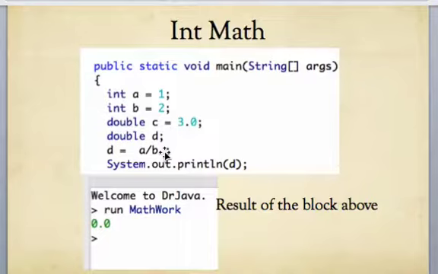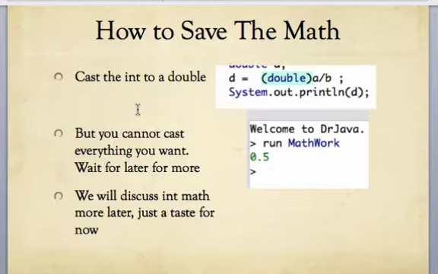So this truncates, or does away with everything, and gives me 0. Well, that can be a pain. So what I can do is something called casting. I can say d is equal to (double) a divided by b. This casts a, or makes a double, so that a double divided by an int is a double, and life works out well.